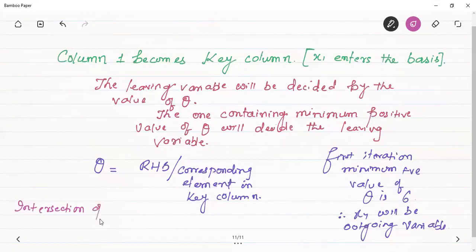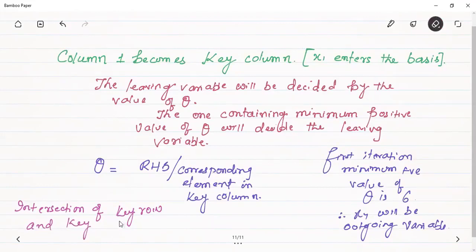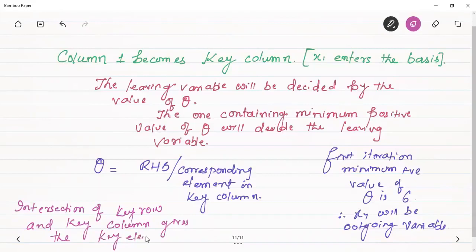The intersection of the key row and key column gives the key element, or sometimes it is also known as the pivot element.